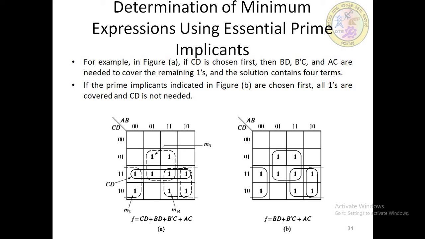Here you can see this once again. If CD is chosen first, then BD and B bar C. Here you can see this is BD, and this is B bar C, and this is CD.